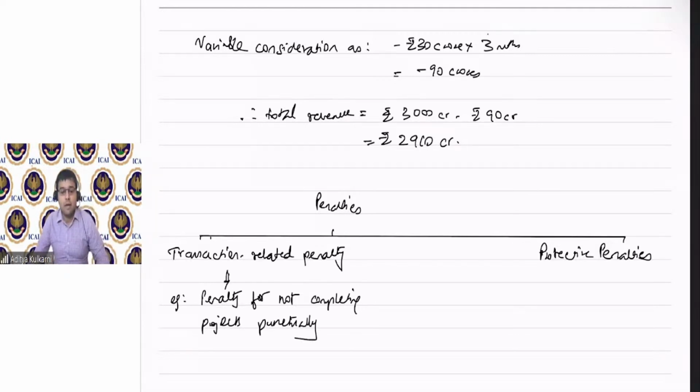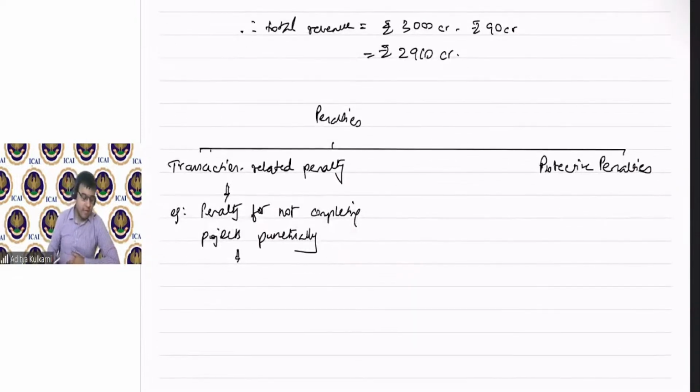Penalties for not completing the projects punctually is one of the examples. That means since this is related to your performance, related to your output, therefore you are going to take this particular thing as a variable consideration.